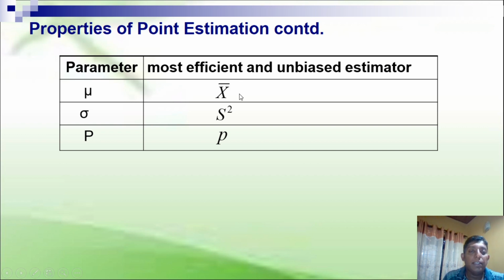Therefore it is an unbiased estimator, and it is also more efficient than the other ones. These are examples for the most efficient and unbiased estimators for these three parameters. For mu, it is x bar. For sigma squared, it is s square. For the population proportion capital P, it is the sample proportion small p.